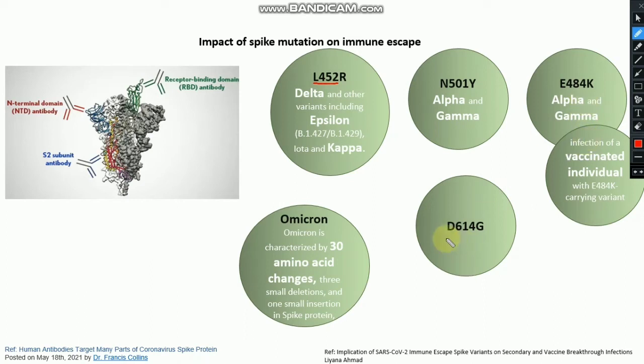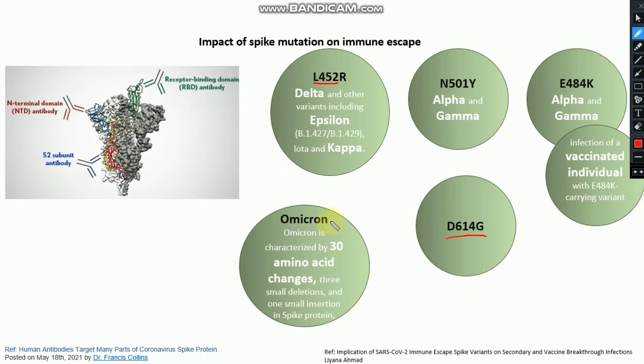And another common mutation is D614G, and this variant was very common, and it was the earlier variant. It was found just after the outbreak, within 6 months. This kind of common mutation was very common at that time.